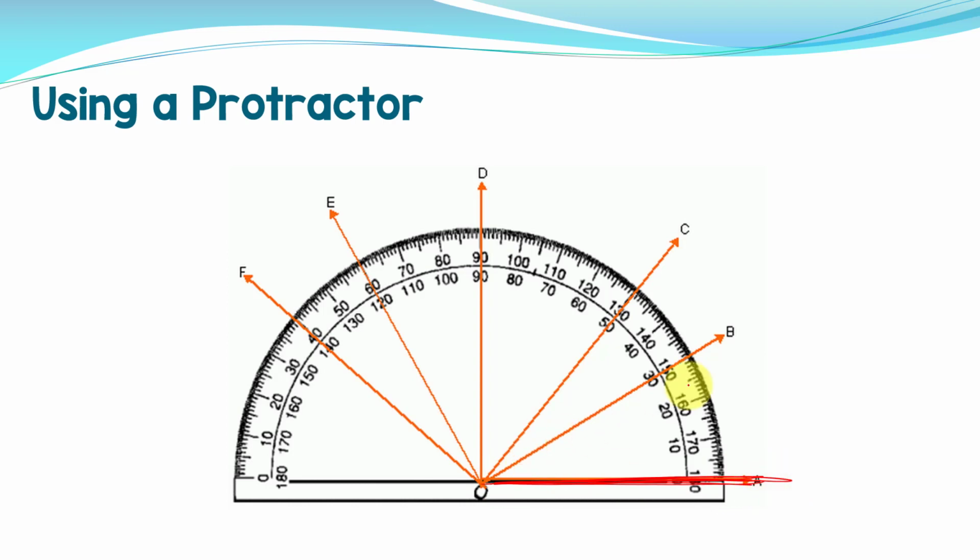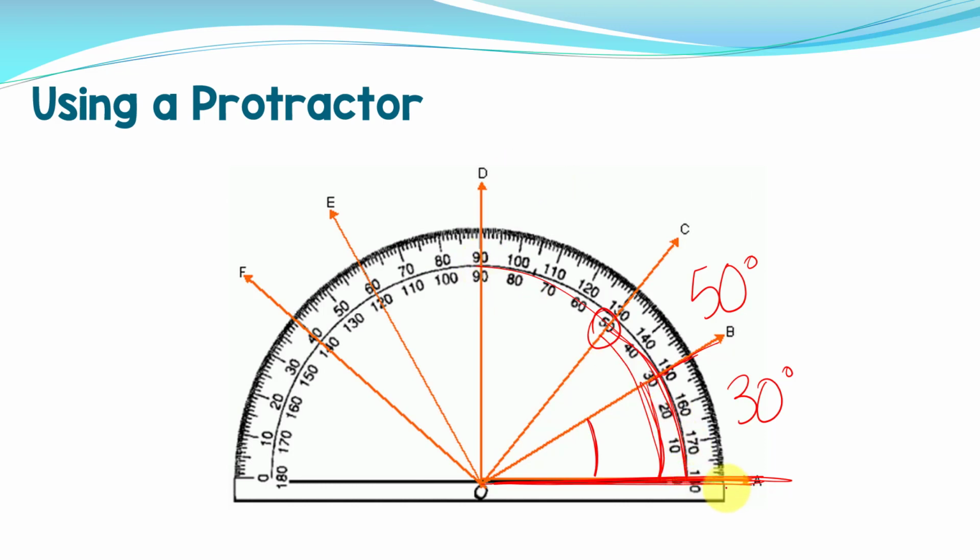And say if I wanted angle BOA, this angle right here, I would line that up and follow where the angle is leading to. And so from 0 to 30, this would be a 30-degree angle. From AOC, I would follow that along, and I'm looking right here, this would be a 50-degree angle. And then all the way to here, I've got a 90-degree angle.